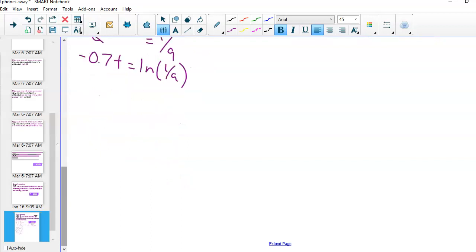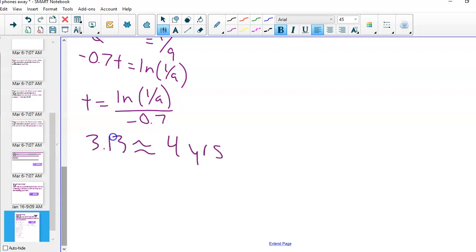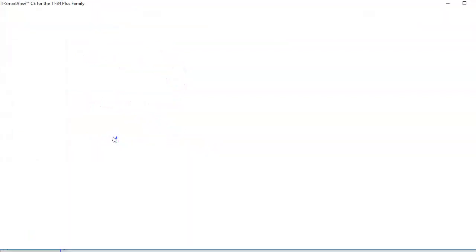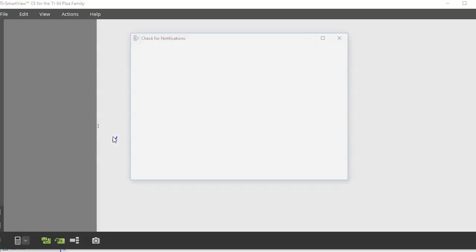And then divide. I don't remember what that was, like 3.1. It's 3.1, but you're rounding up anyway. So round up to 4.